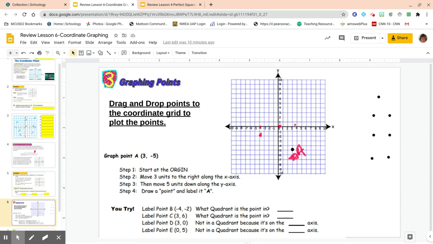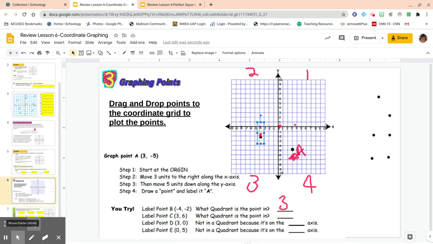And the best laid plans are not working. There we go. And so you will drag that to the graph, to the best of your ability there. And then it says, what quadrant is this point in? Well, we have a 1, a 2, a 3, and a 4. So obviously it is in quadrant 3. So you will label those and drag and drop those points.